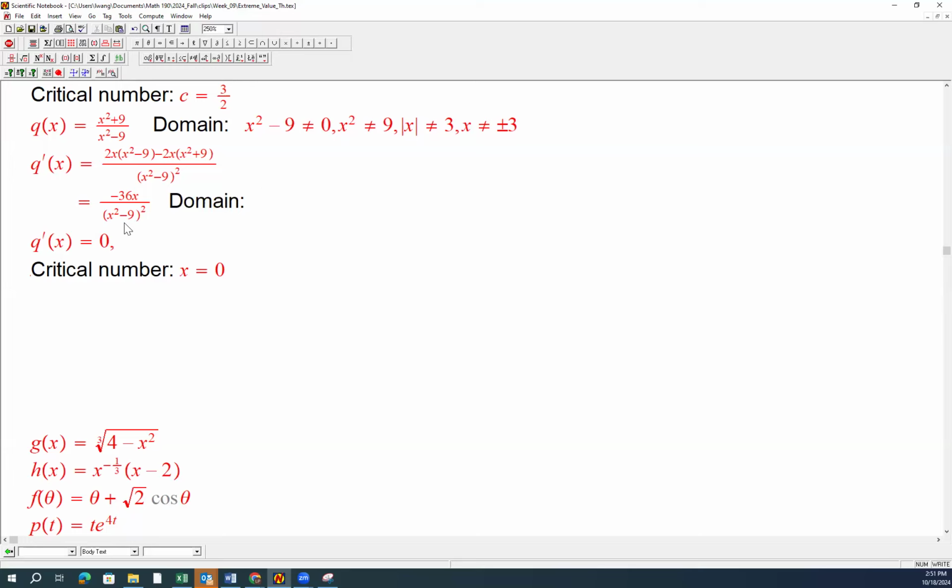Domain of the derivative is still x squared minus 9 not equal to 0. It's the same number. But there's no number in the domain of the function where the derivative does not exist. Okay. But we just have one critical number here.